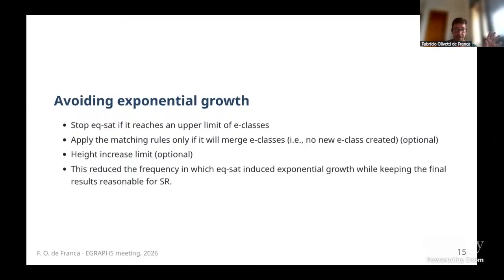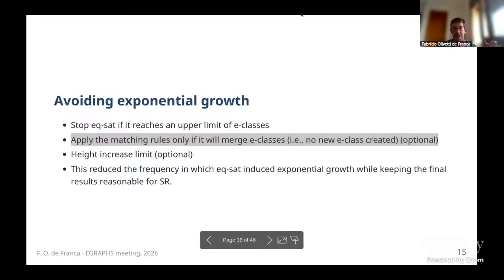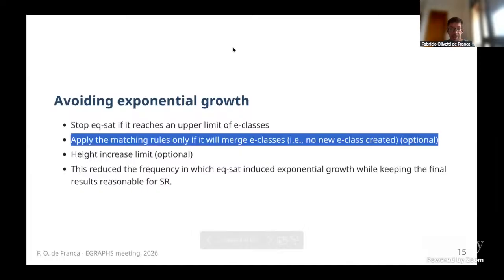This is something that should be applied with caution, because at least at the beginning of the equality saturation, we want to keep expanding the E-graph. But at a certain point, we can start applying just the rules that are not expanding, but just merging things.